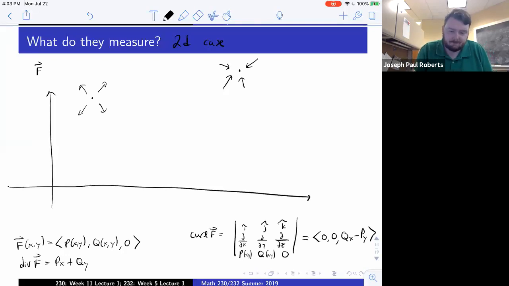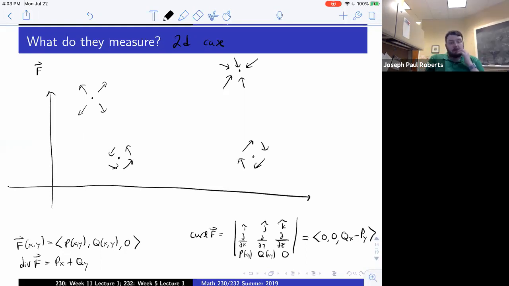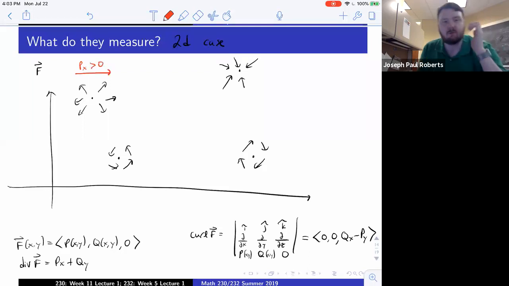So anyway, let's say near this point, our vector field looks like that. And then near this point, our vector field looks like that. Okay, so you could do the same kind of game with the actual partial derivatives, where you ask yourself, what's happening to P? If X increases, it looks like P is increasing, right?